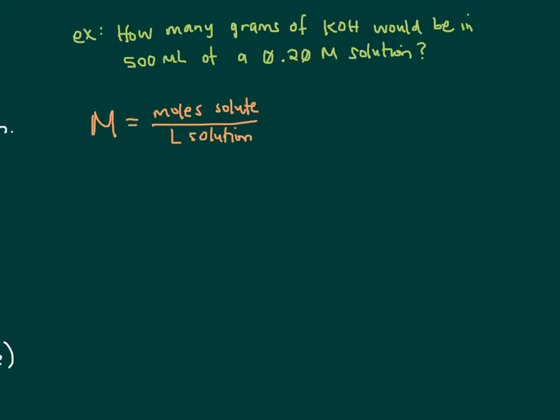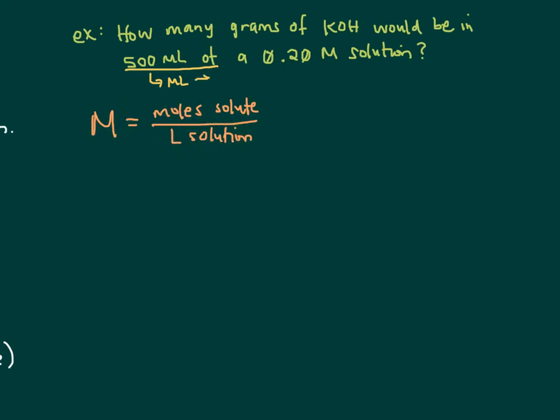Let's do a little bit harder problem. For this one, I want to know how many grams of KOH would be in 500 milliliters of a 0.2 molar solution. So we need to identify what it is we were given. We were given a volume of our solution. However, it's in milliliters, and our solution volume for our molarity equation has to be in liters.